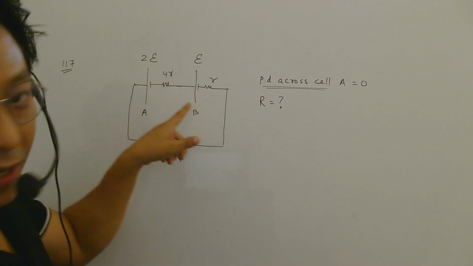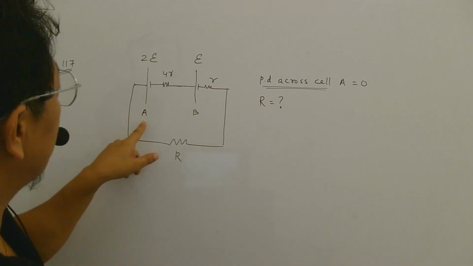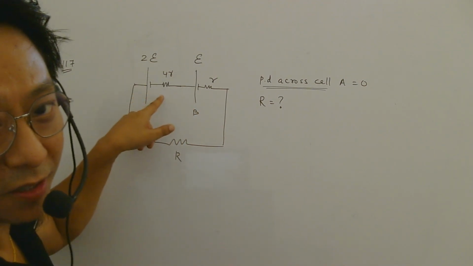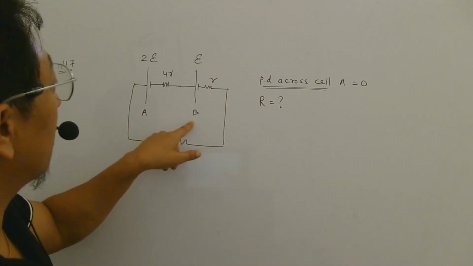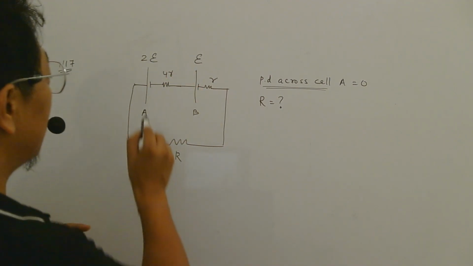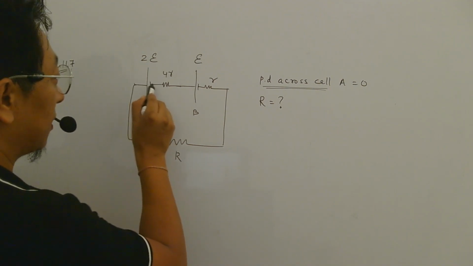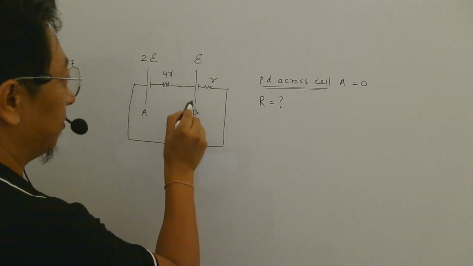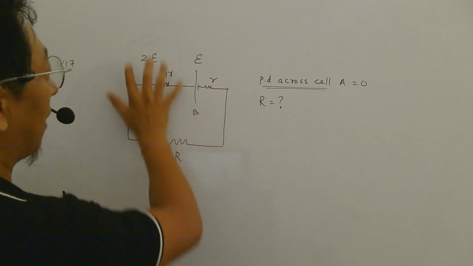They have given two cells A and B. A has EMF 2E, internal resistance 4R. B has EMF E, internal resistance R. They told the negative terminal of A is connected to the positive terminal of B. And this forms a battery now.